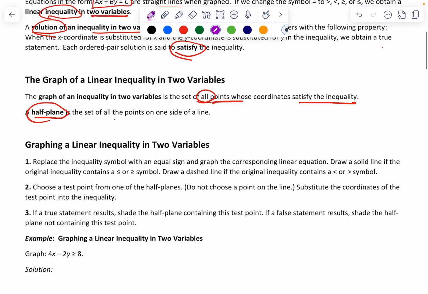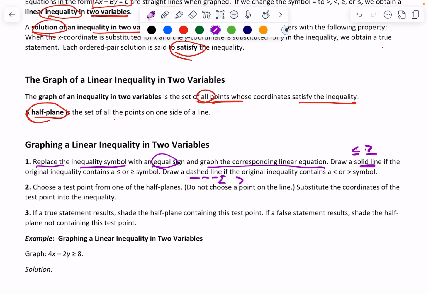We replace the inequality symbol with an equal sign and graph the corresponding linear equation. We draw a solid line if the original inequality contains a less than or equal to or greater than or equal to symbol. We draw a dashed line if the original inequality contains a less than or greater than symbol.